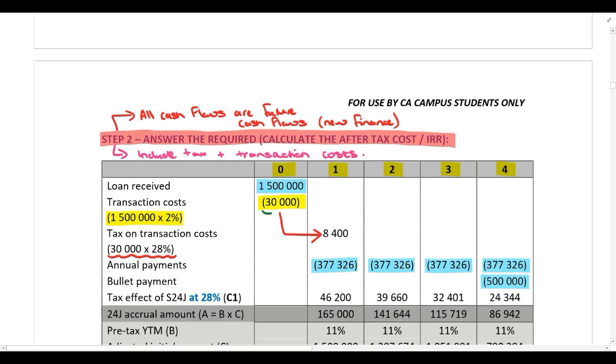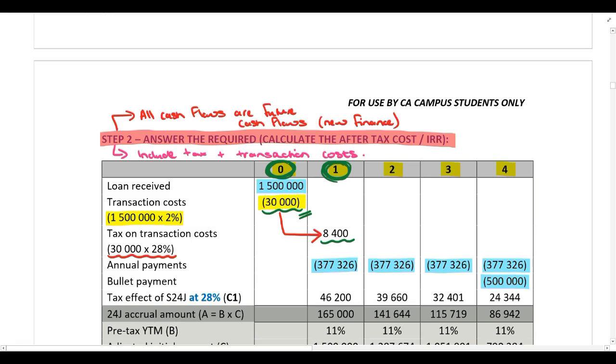Now, why does this jump back? Why do I have the outflow in column 0 and then the tax saving in column 1? Guys, please remember, column 0 is the beginning of year 1 and column 1 is the end of year 1. So beginning of year 1, end of year 1. That's the only difference between the two. At the beginning of the year, the company will enter into the loan agreement and there will be an outflow of 30,000 Rand for the transaction costs.